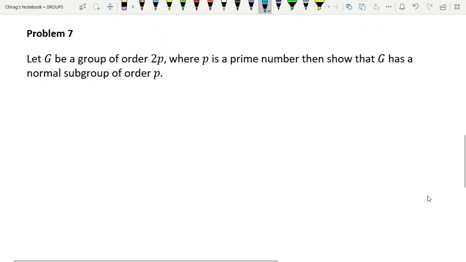Problem number 7, which states: let G be a group of order 2p, where p is a prime number, then show that G has a normal subgroup of order p. Normal subgroup of order p. Okay. Proof.